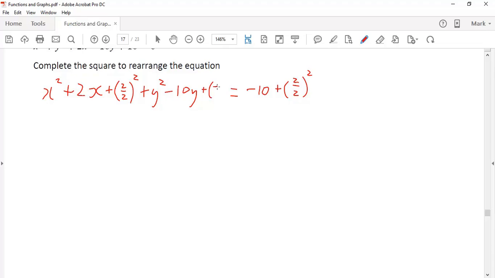So it's going to be negative 10 over 2 all squared. Alright, so that means this here becomes x plus 1 all squared plus y minus 5 all squared, and if you calculated that, you can do it on your calculator if you want, you would get 16.